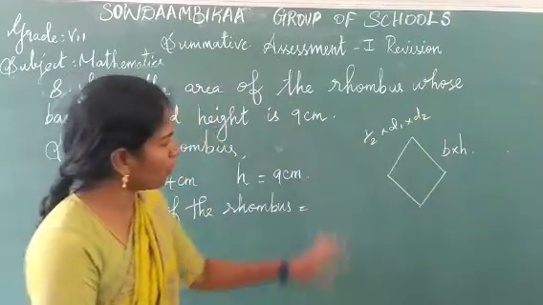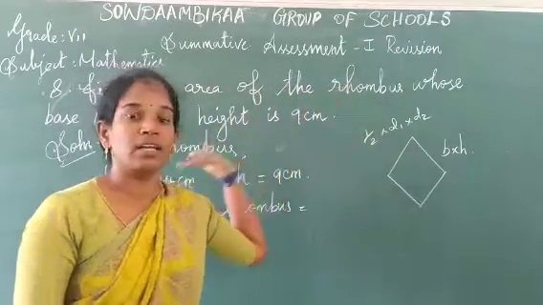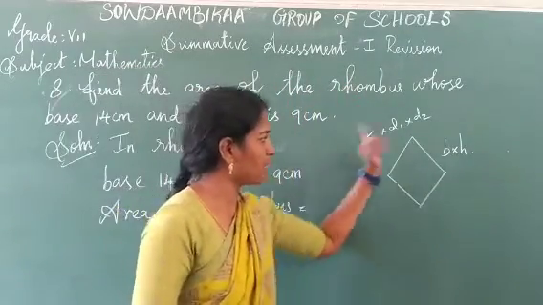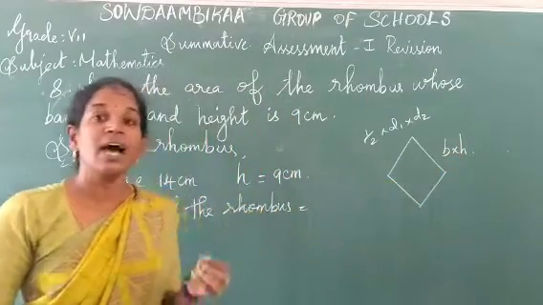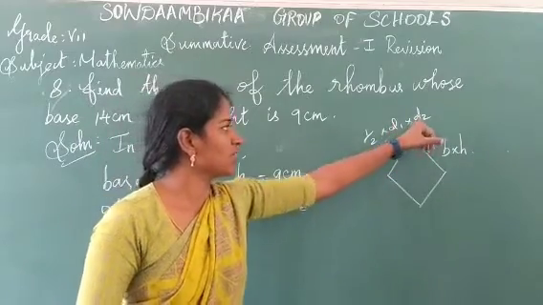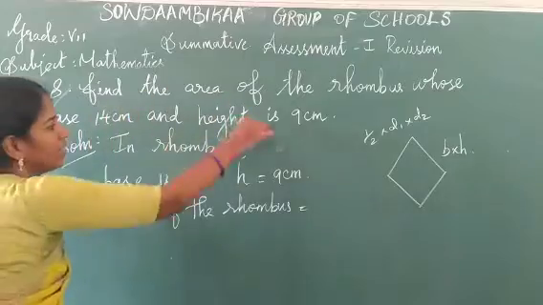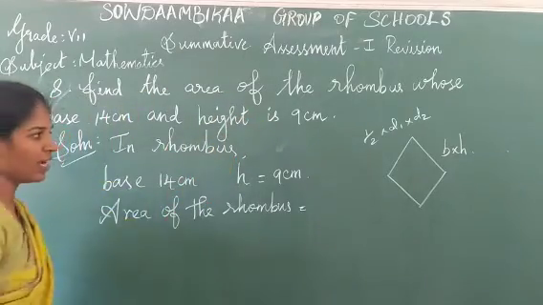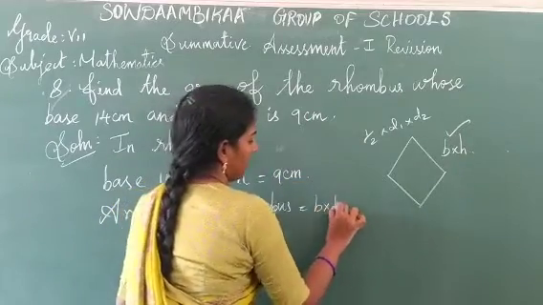Using both formulas we can find the area of the rhombus. If base and height are given, we have to use the B into height square units formula. Otherwise, if diagonals are given, we have to use half into d1 into d2 square units. Now here base and height are given, so we have to use this formula, B into height square units.